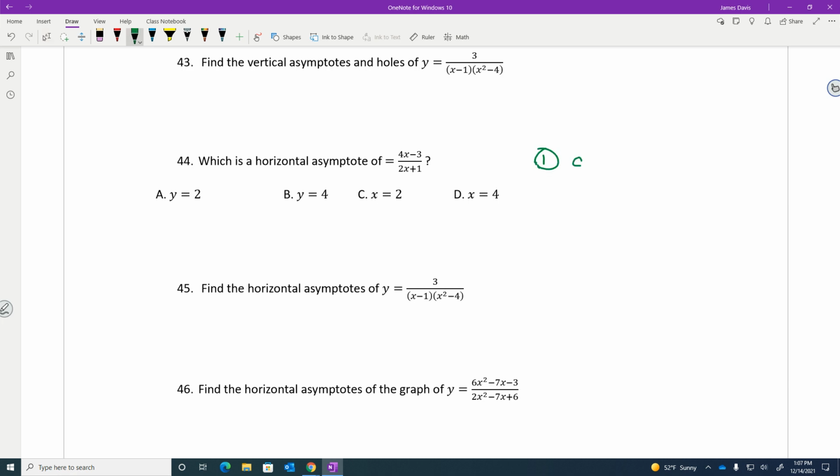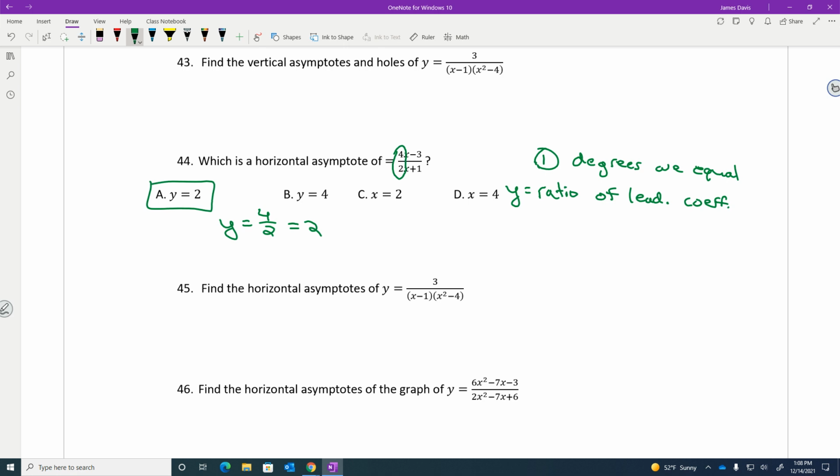The degrees are equal, meaning the biggest power on the top and the biggest power on the bottom are equal. And the answer is the ratio of these numbers in front. So y equals the ratio of the lead coefficients. In this case, it's going to be y equals 4/2, just 2. And it's a y value because it goes horizontally.